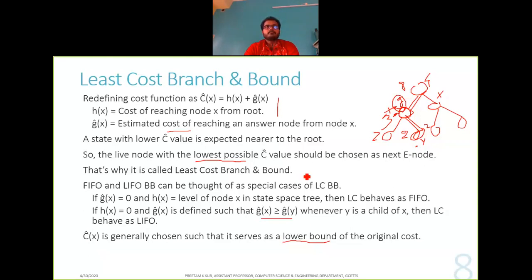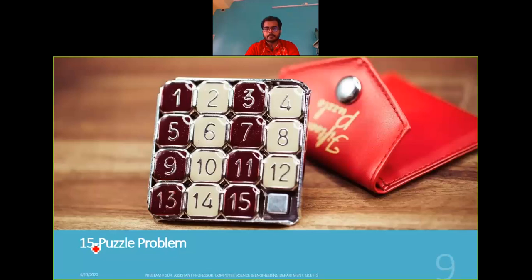That means it tells you that for a node you require at least this c cap x of movement to reach the answer node. The original movement may be greater than c cap x, so c cap x gives you the lower bound of the original cost.